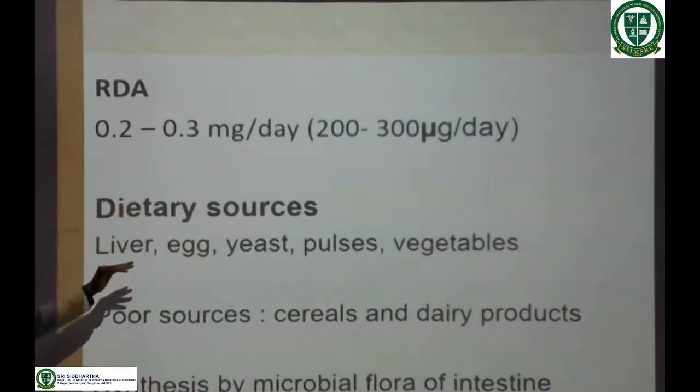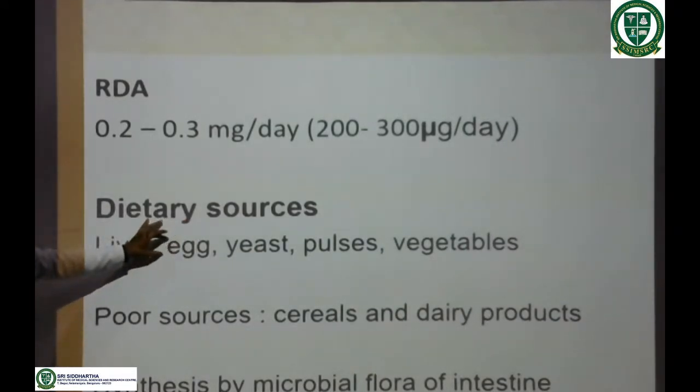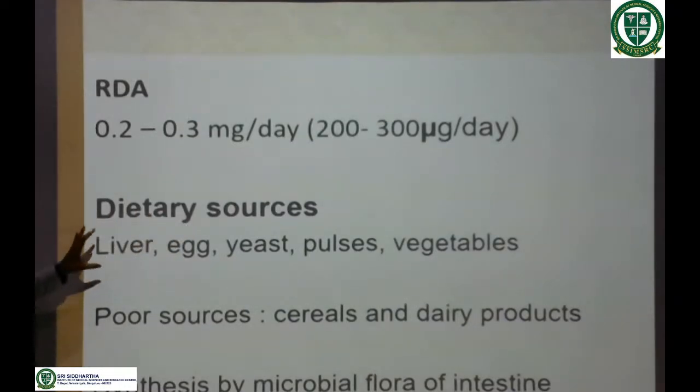These are the rich sources of biotin. Coming to the egg, the yellow egg yolk is rich in biotin, whereas I'll tell you the significance of egg white later. So egg yolk is rich in biotin.